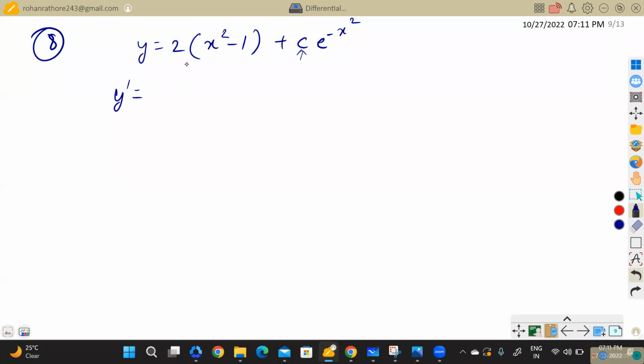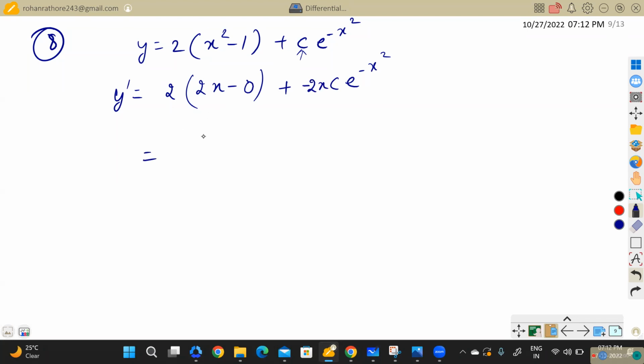To get y dash, you get 2 times 2x minus 0 plus c e raised to the power minus x square. Now we're going to differentiate minus x square to get minus 2x.